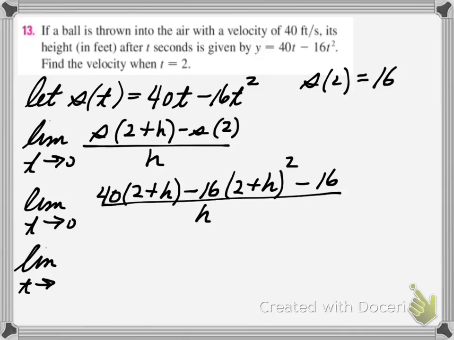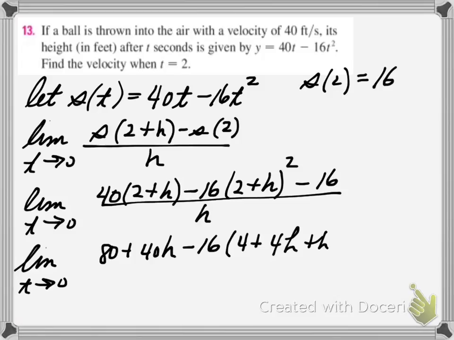And again, I just keep going, and as h approaches 0, multiply everything out, distribute, and I get all of this over h. Now remember, we're stuck with the same problem. I don't want h to equal 0, because if you look in the denominator, it'll be undefined. We're only interested in h approaching 0, so I need to somehow simplify out that h down in the denominator.